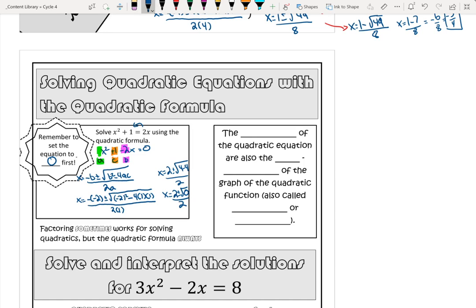In this case, I can't do anything different, or if I do the square root of 0, I still get 0. So what I have to do now is basically just simplify it. I get x equals 2 plus or minus 0 divided by 2.